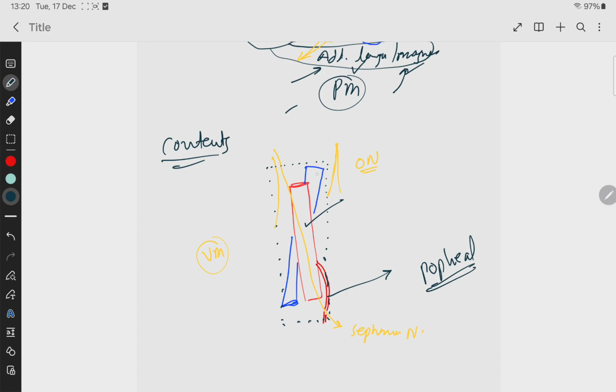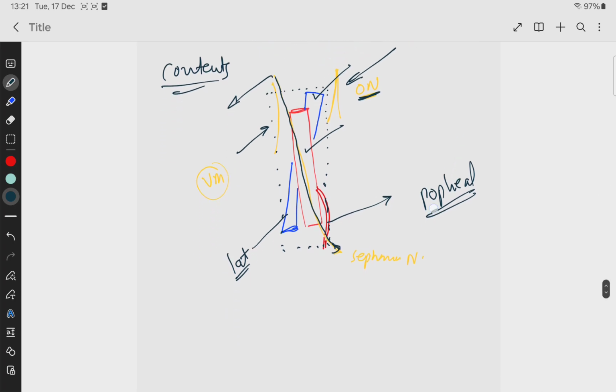The femoral vein lies dorsal to the femoral artery; in the upper part it lies medially, in the lower part laterally. The saphenous nerve crosses from lateral to medial side from the upper to the lower part of the canal, laterally lies the nerve to vastus medialis, and in the upper part medially lie the two divisions of the obturator nerve. So these are the contents of the adductor canal.